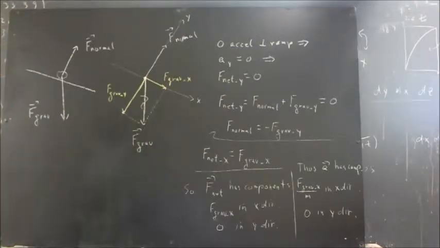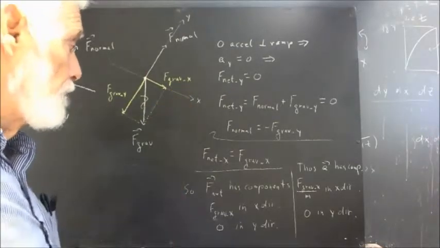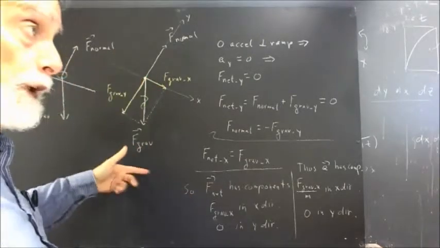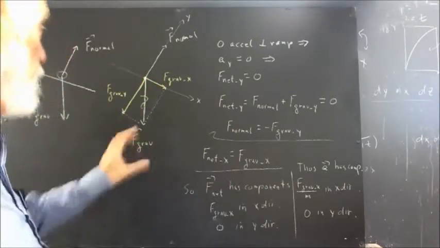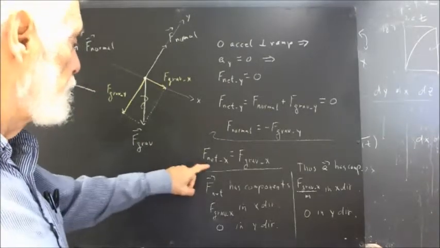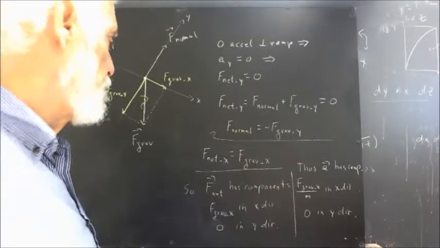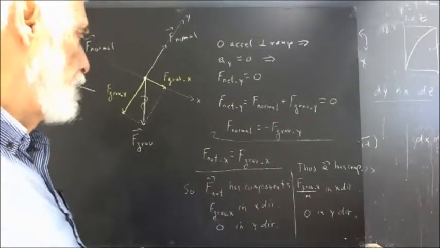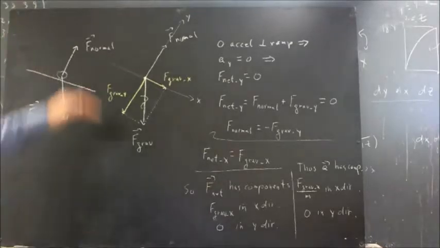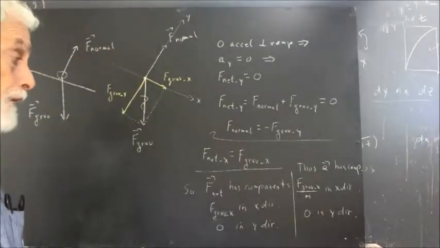Okay. Now, the x component of the gravitational force, that's the only force we've got in the x direction, unless there happens to be friction. And if there is friction, it's easy enough to incorporate that into the picture. So the net force in the x direction is the x component of the gravitational force. So your net force on the incline has these components.